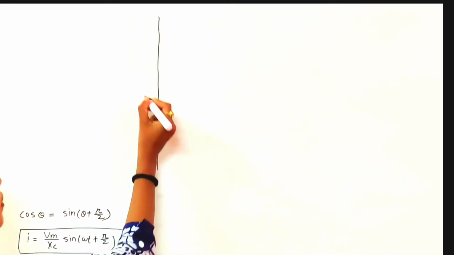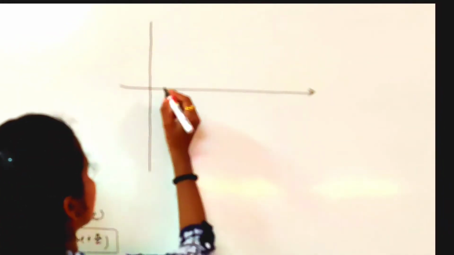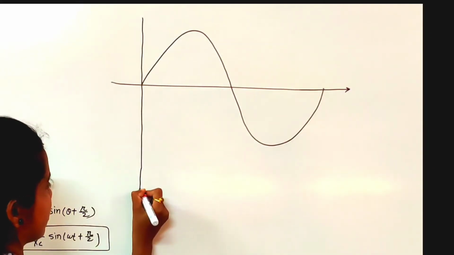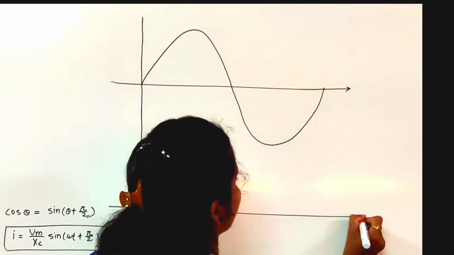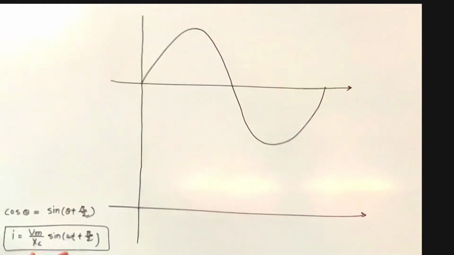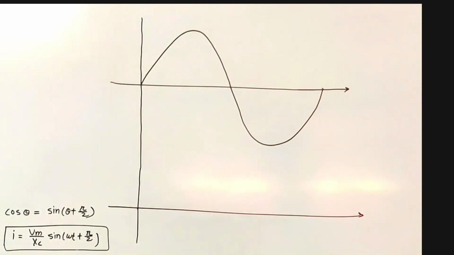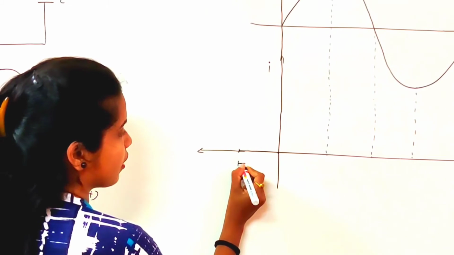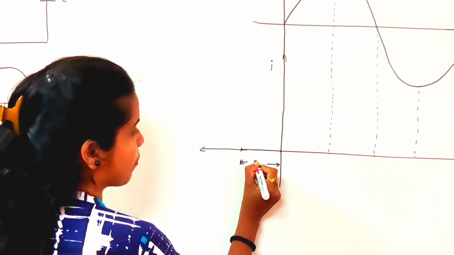V is taken as the reference. So the waveform for voltage, and next for current, the phase difference is pi by 2 and it is leading. Leading means it starts before the 0 instant, and this difference is pi by 2.